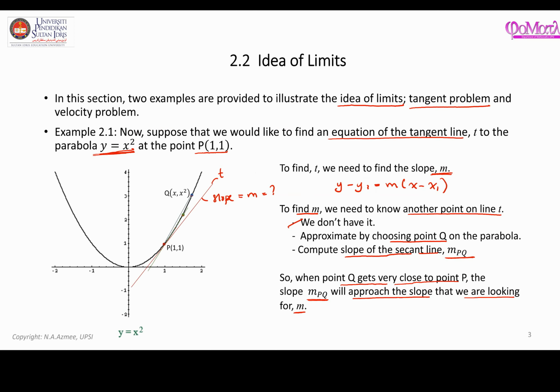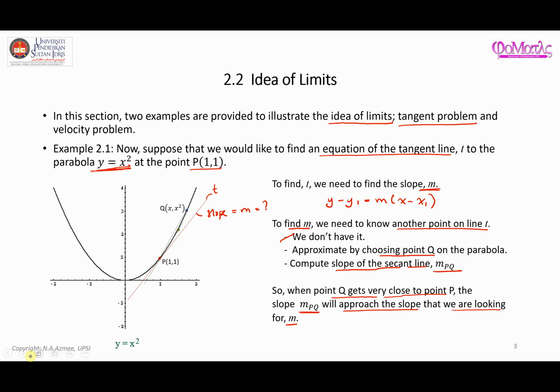Let's say you introduce another point that gets even closer to point P, for example this point over here, and consider the slope m_PQ. It will look like this.